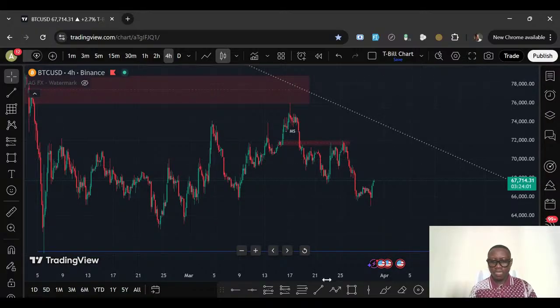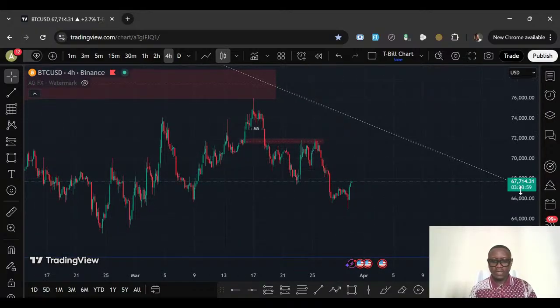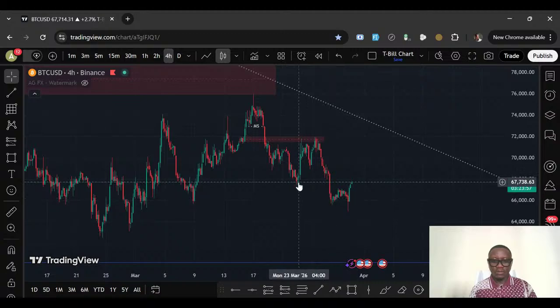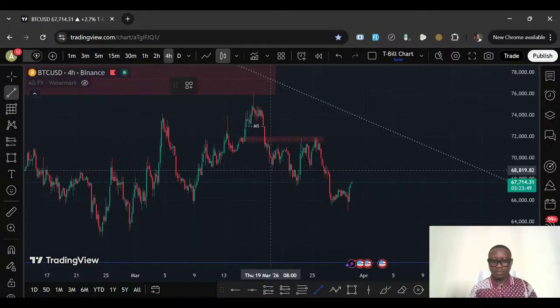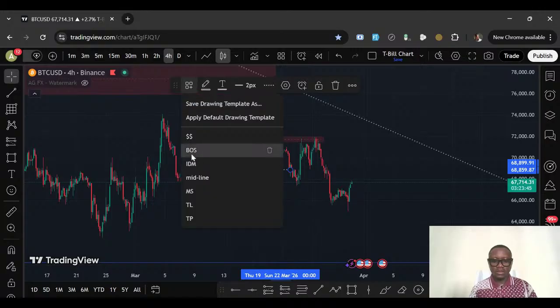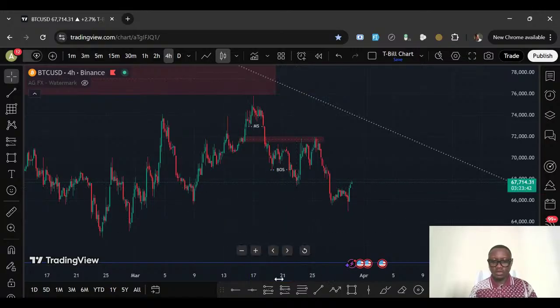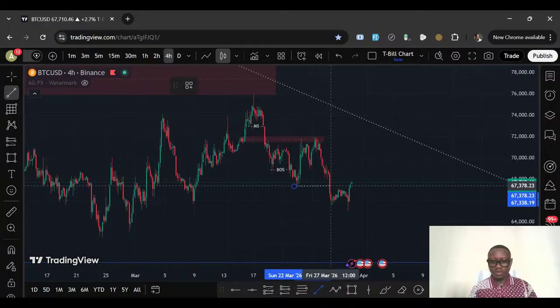So what do we have next? We got this break of structure. We have this break of structure to the downside, and we have this break of structure as well.